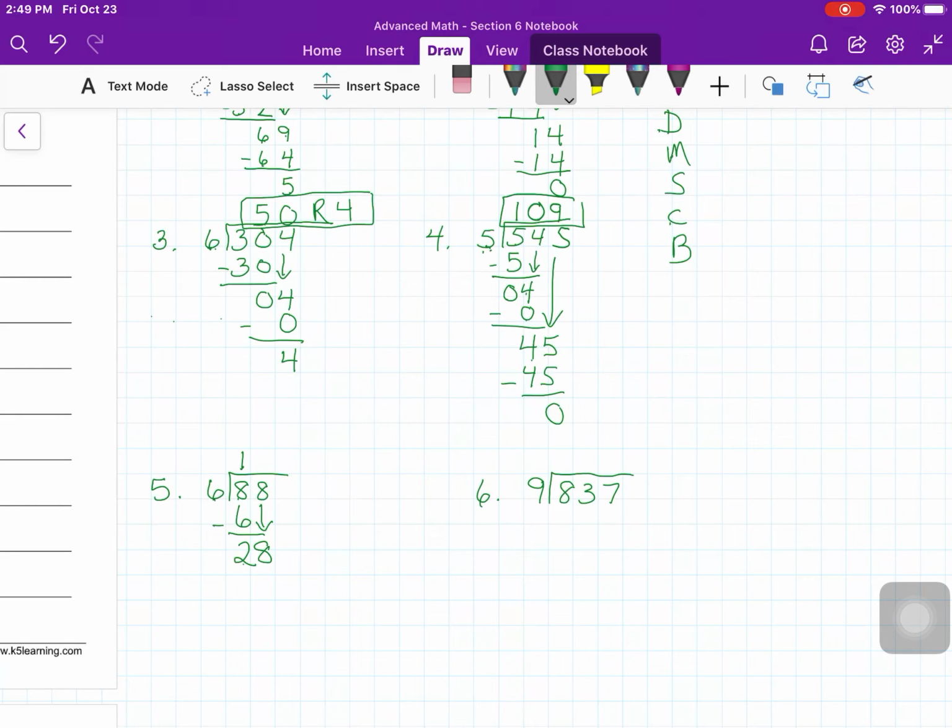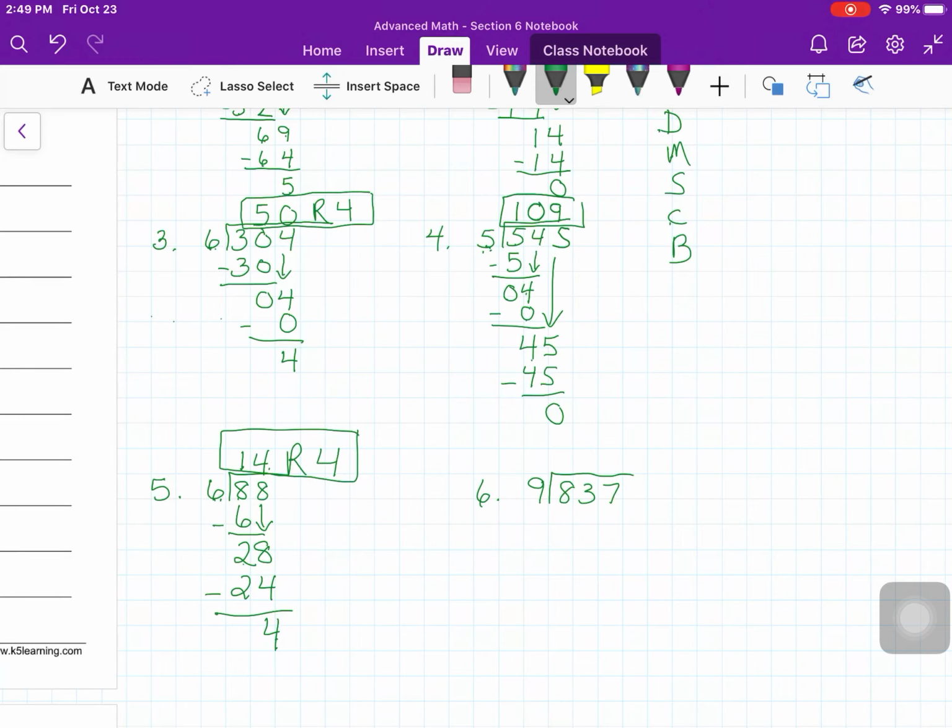So 6 goes into 28 4 times, and 4 times 6 is 24. I subtract, and I get 4. I check to make sure 4 is smaller than 6. I bring down, but I can't bring anything else down, so this is just my remainder. 14 remainder 4. Remember to box your answers.